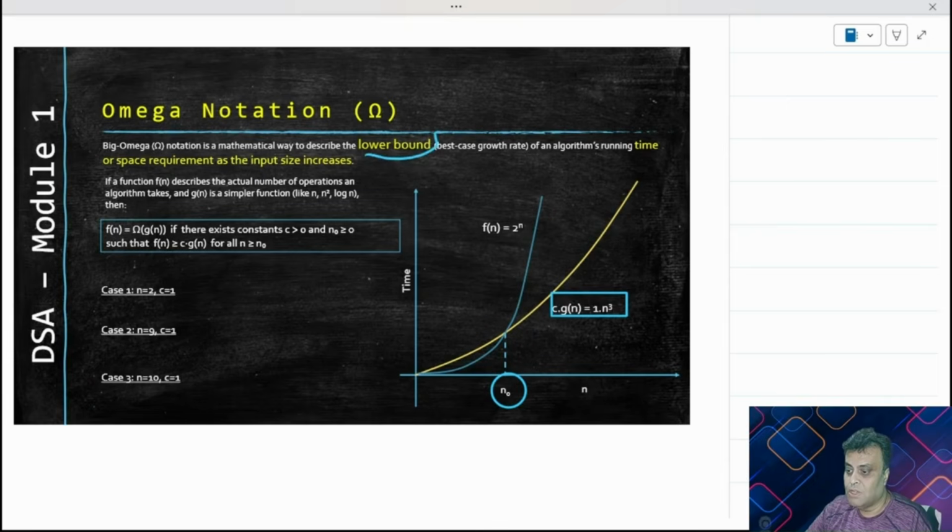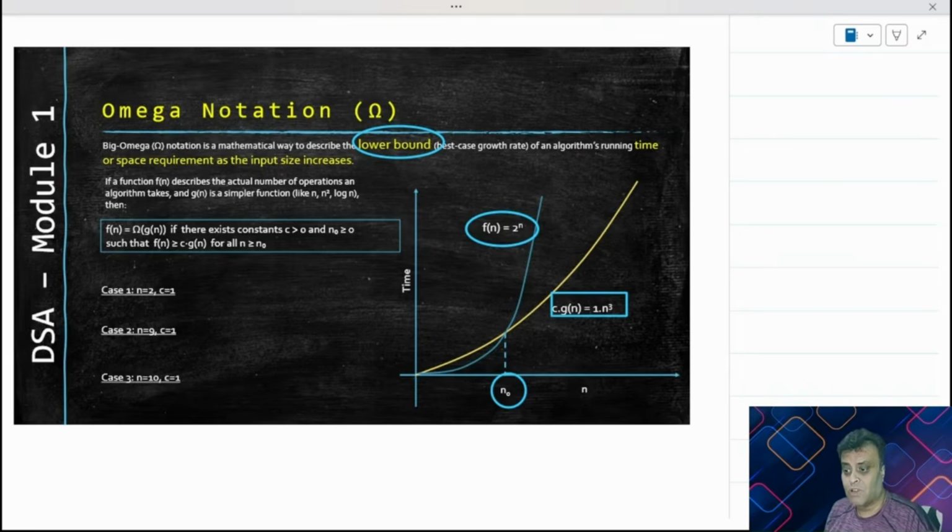Again, assume this is a complex function which doesn't match any of the complexity classes. We have defined an algorithm. How do we tell the world its complexity? We'll say we don't know the complexity, but we know that the lower bound is going to be omega of this.